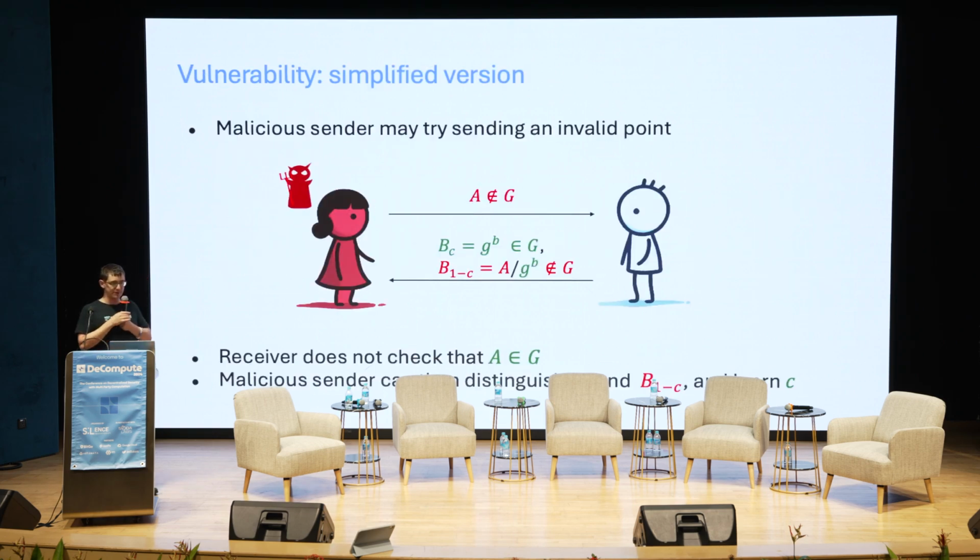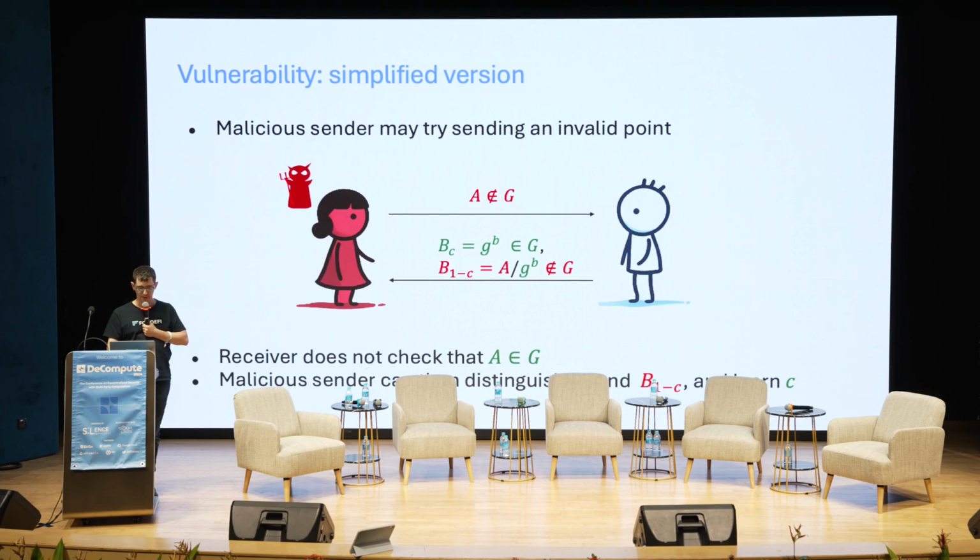So in particular, if there's no point validation, how would this work? If the receiver doesn't check that the point A that they receive indeed falls on the curve and is a valid group element, then the two elements that the receiver sends back, which are g^b and A over g^b, are such that the first one is a valid group element and the second one is not. And so the malicious sender, by sending an incorrect element A, can learn from the two elements it gets back the choice bit c of the receiver.